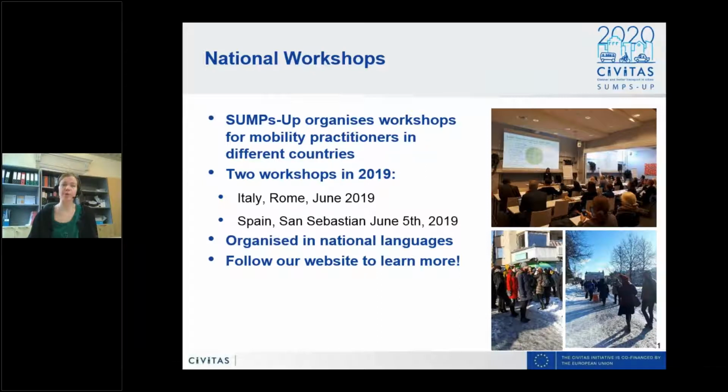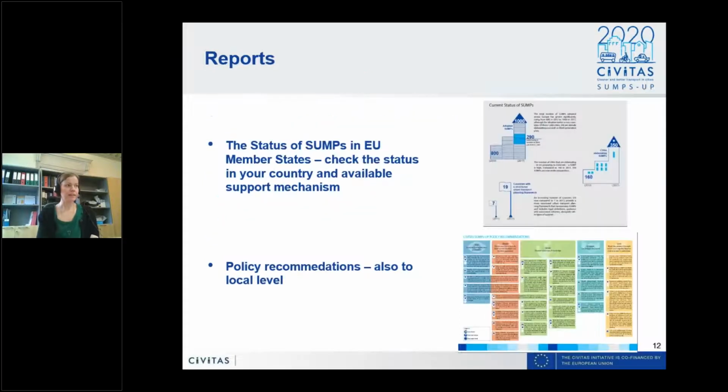So you can also follow our website to learn more about these activities. Then we have already published some reports, for example, the status of SUMP in the member states. So this is available on our website, and maybe it's good to also check the status of SUMPs in your country and what kind of support mechanisms are available.